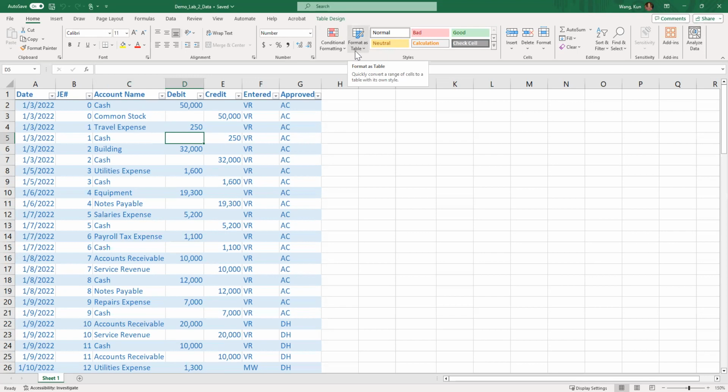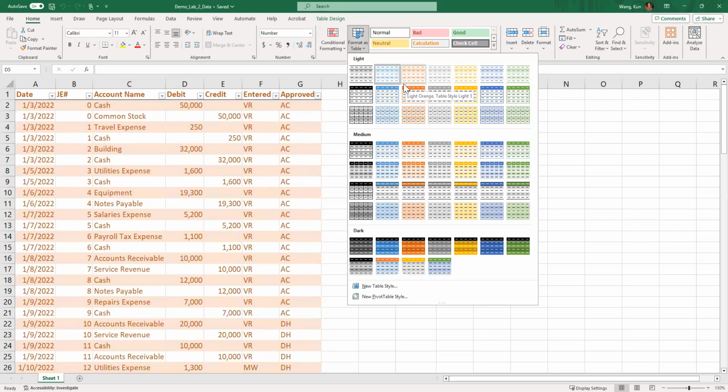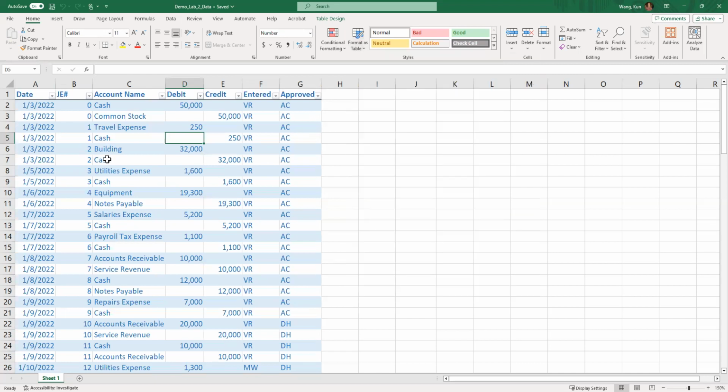You can choose the different layouts you prefer. So convert it into a table, and then I'm going to start Insert. Or if you already see Summarize with PivotTable, you can go from there also. The interesting thing is that when you initially open the worksheet, Excel has some artificial intelligence.